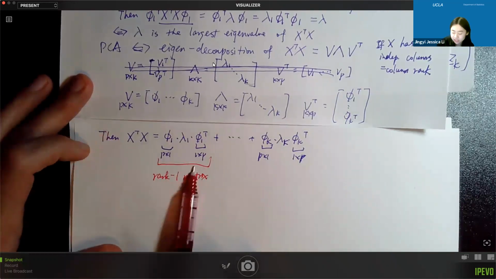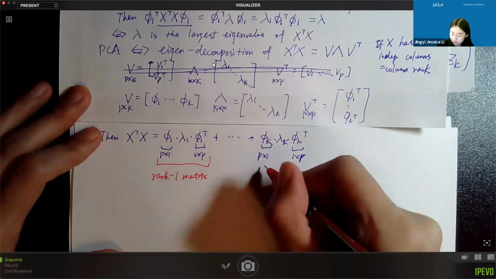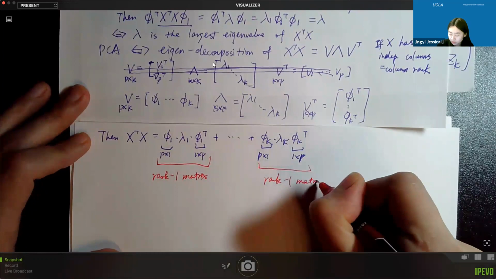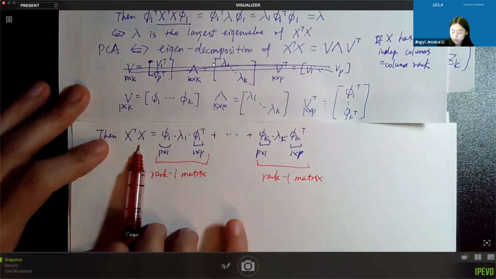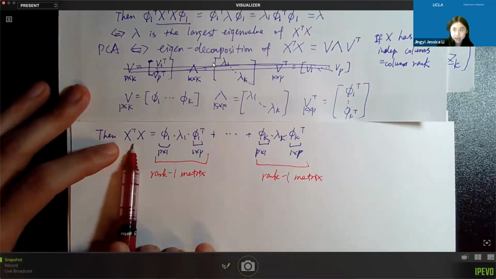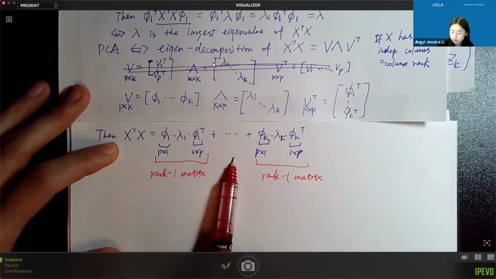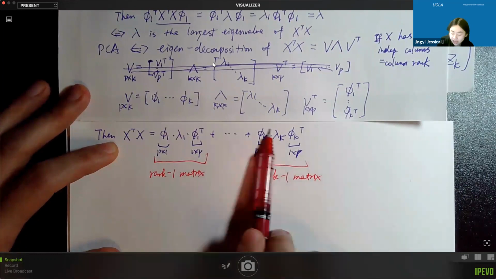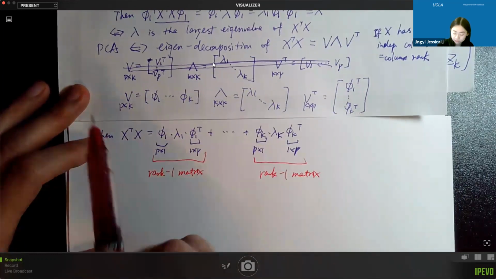So you can see this is a rank 1 matrix, and this is also a rank 1 matrix. So eigen decomposition is so nice that it allows us to decompose this P by P matrix, X transpose X, into the sum of K rank 1 matrices. And this K is the rank of this.